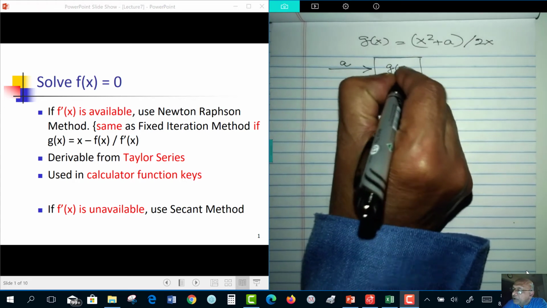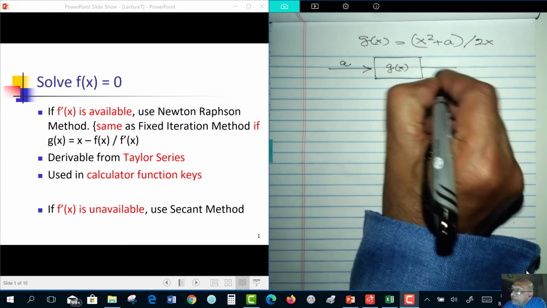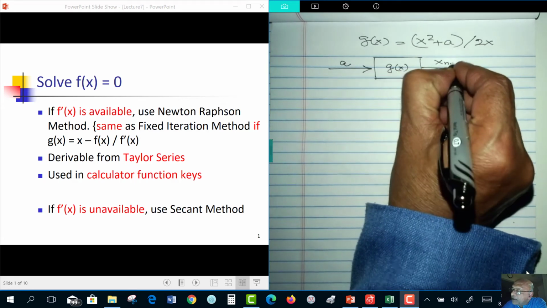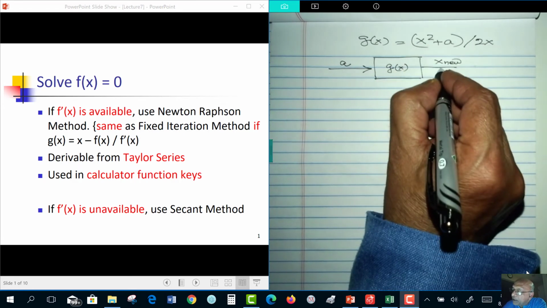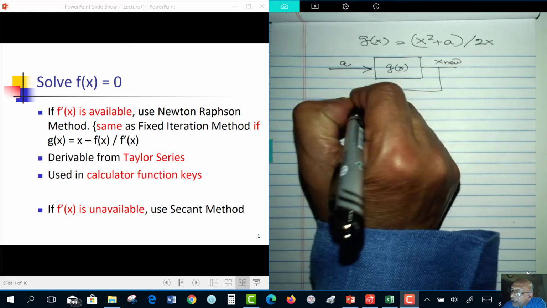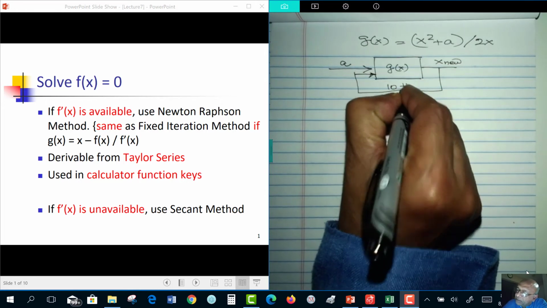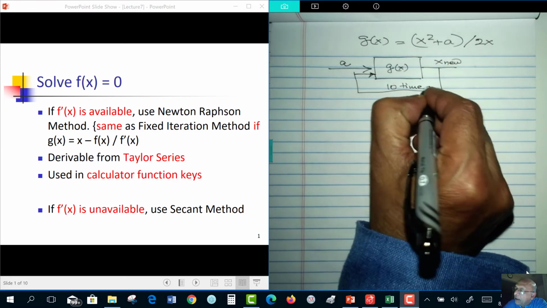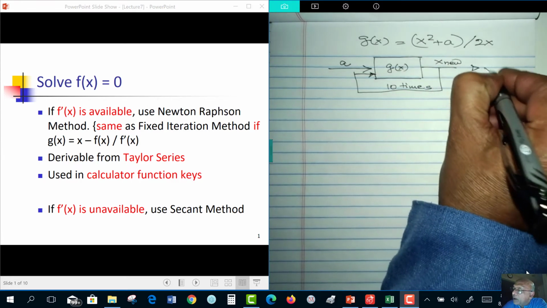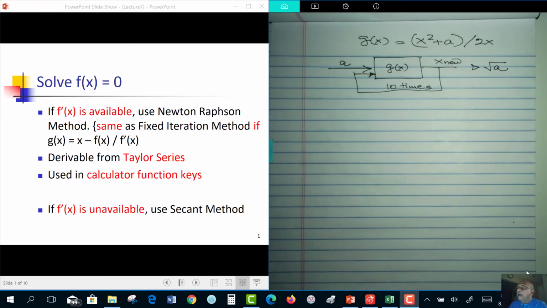This chip computes g of x, calculates this x new, this function value, which is fed back in, say 10 times. And out would come the square root of a to 15 significant digits.